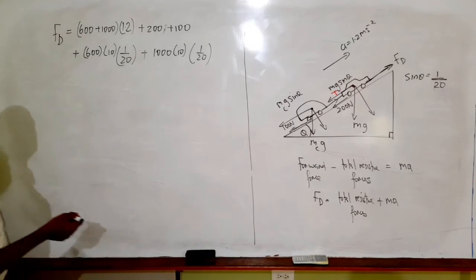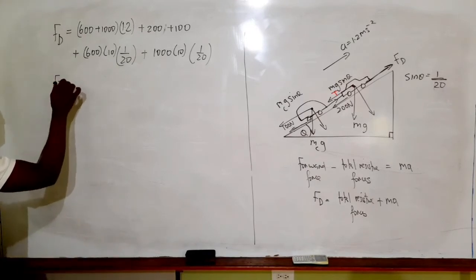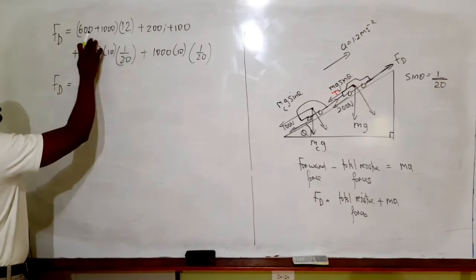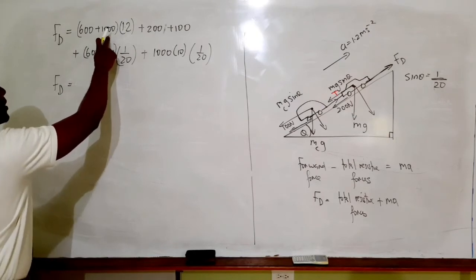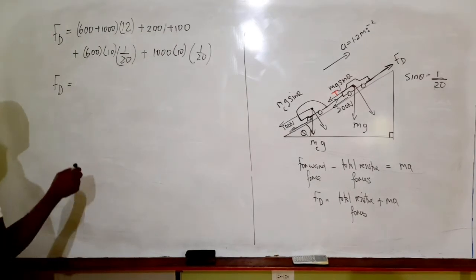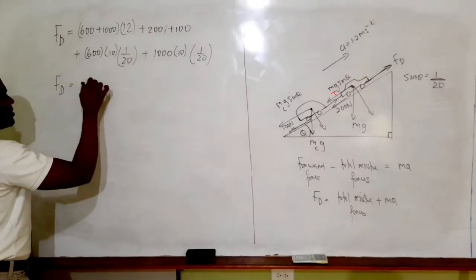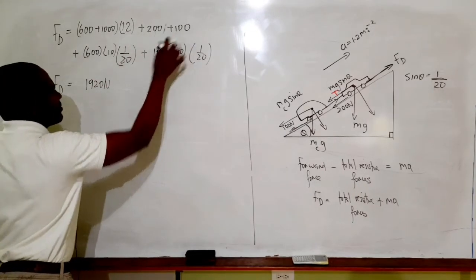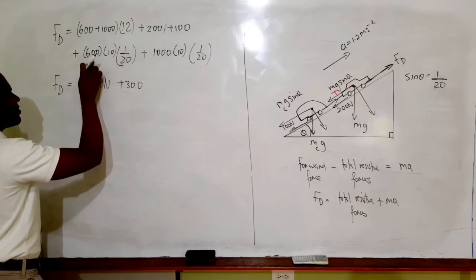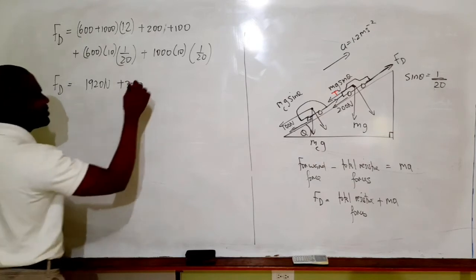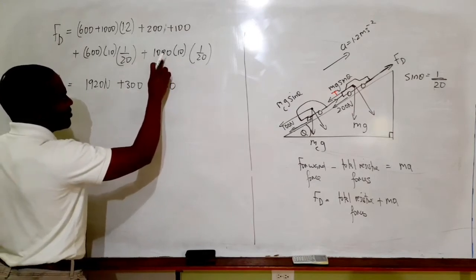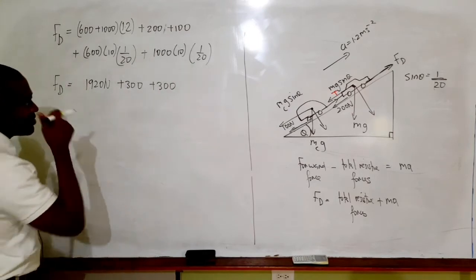And so if we work this all out, we get that the driving force Fd is equal to 600 plus 1,000, that's 1,600 times 1.2, then that gives us 1920 newtons, plus 300, plus, work this out, 10 times 600, 6,000 divided by 20 is plus 300, and then 10 times 1,000, 10,000 divided by 20, then that gives us 500.